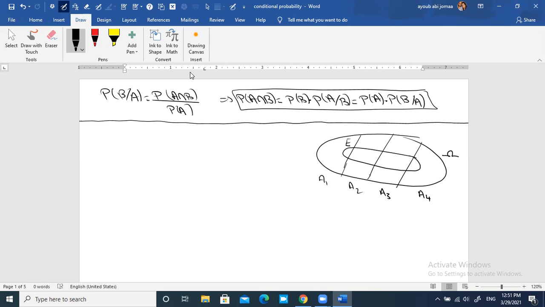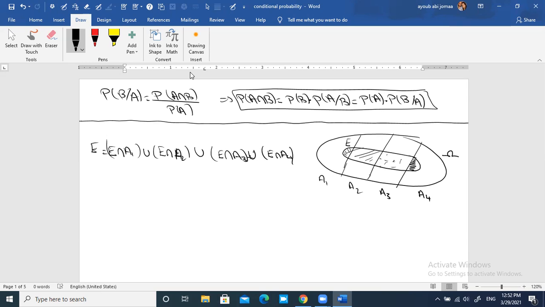Graphically, E is this part plus this part plus this part plus this part. So E is E intersection A1, plus the second part E intersection A2, plus this part which is E intersection A3, plus the last part E intersection A4.